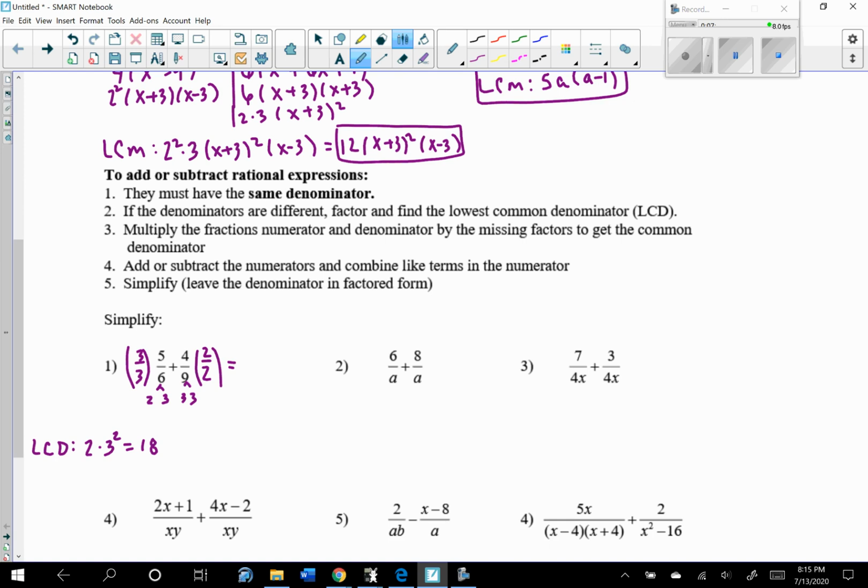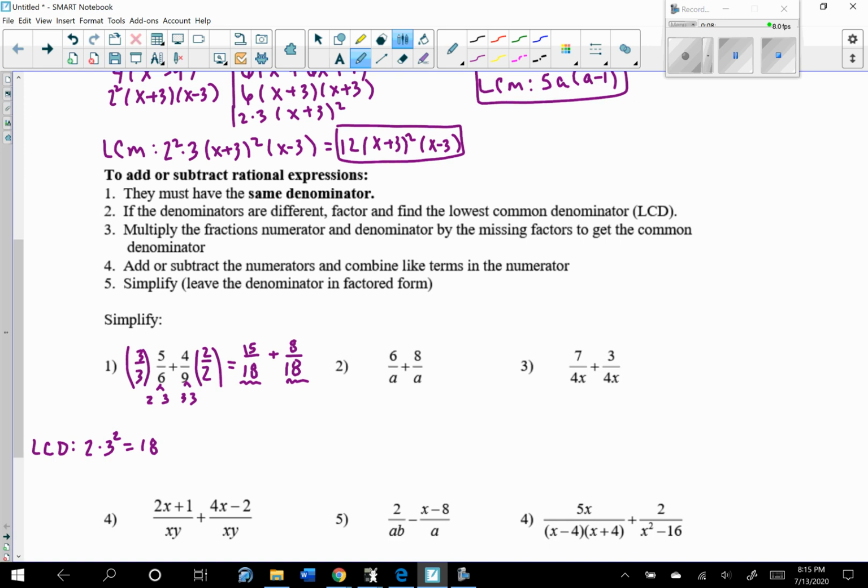So 5 times 3 is 15, and 6 times 3 is 18, plus 4 times 2 gives me 8, and 9 times 2 is 18. The reason we did that is so that we would have this common denominator of 18.